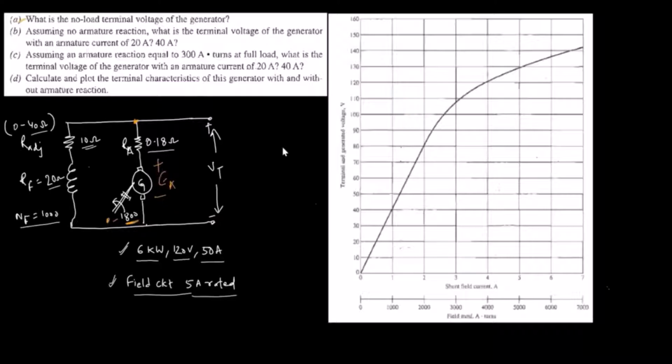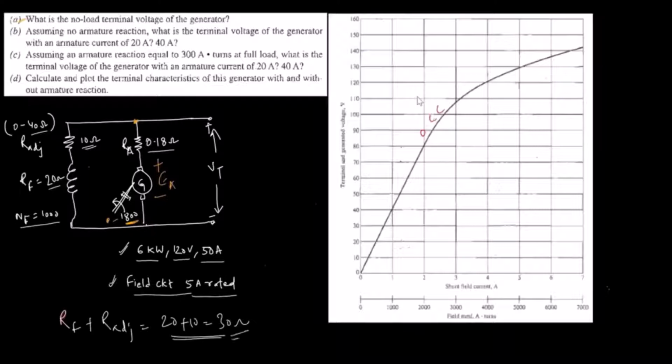That voltage can be found by the intersection of the OCC and the RF line. How can we draw the RF line? In the shunt field we have RF plus R adjusted, which is 20 plus 10, so this is 30 ohms in the shunt circuit.